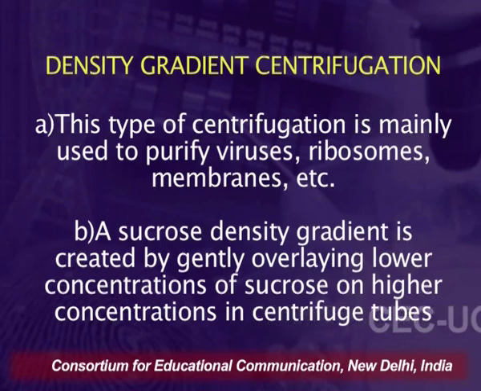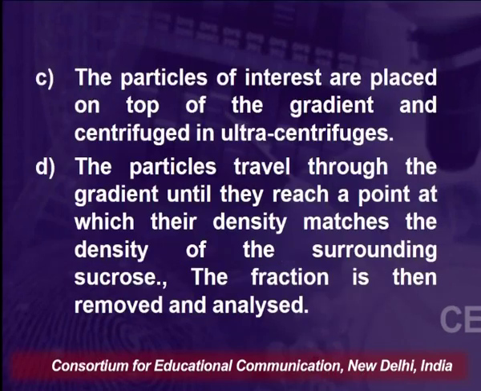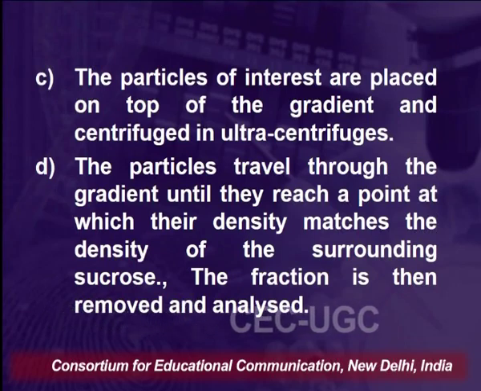So, depending upon the density, the different types of viruses, ribosomes, membranes which we are trying to separate or purify will come as a layer in the gradient. The particles of interest are placed on top of the gradient and they are centrifuged in ultracentrifuges.